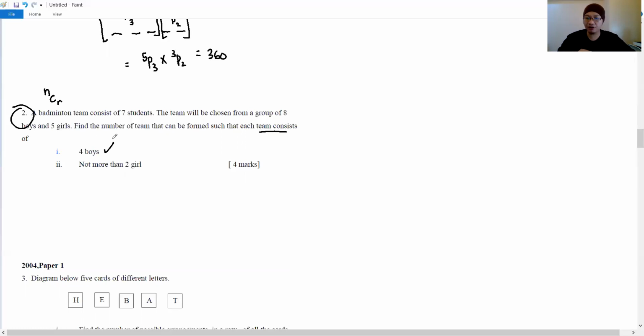Find the number of teams that can be formed if the team must consist of, first rule, 4 boys. So for this question, 1, 2, 3, 4, 5, 6, 7, it must consist of 4 boys. So these 4 places must be for boys. How many boys do we have? We have 8 boys, and we want to choose 4. What else? The 3 places available are for the girls, right?